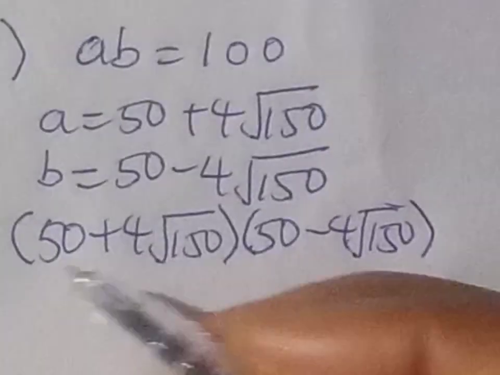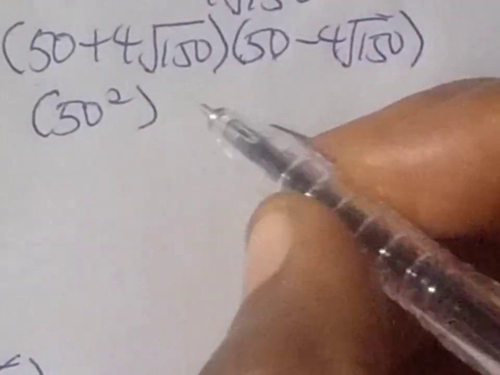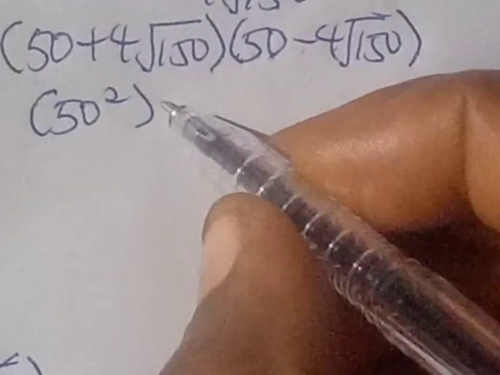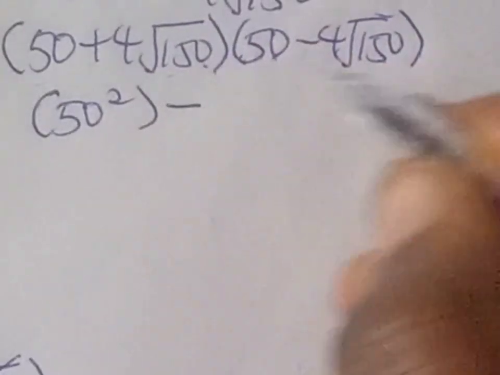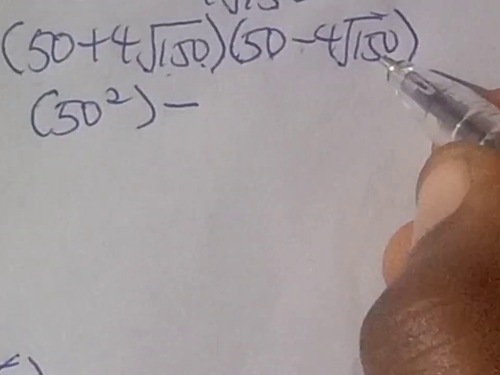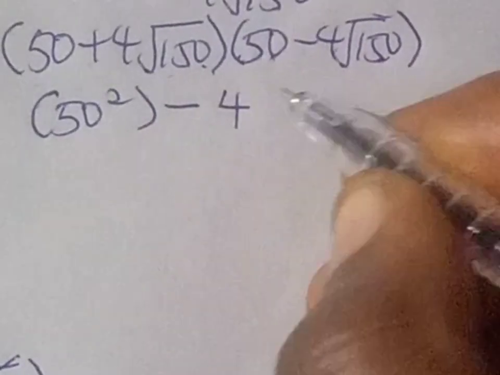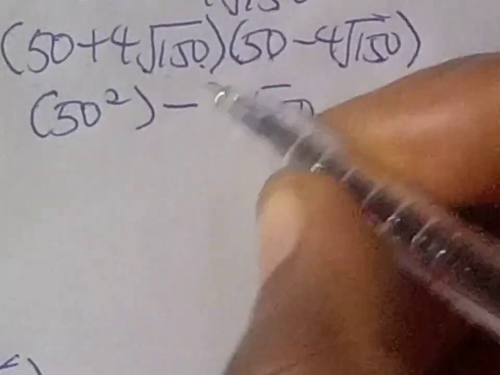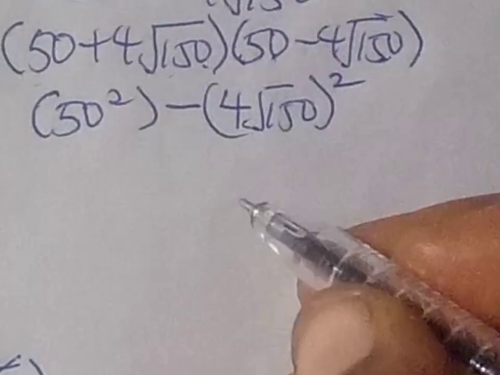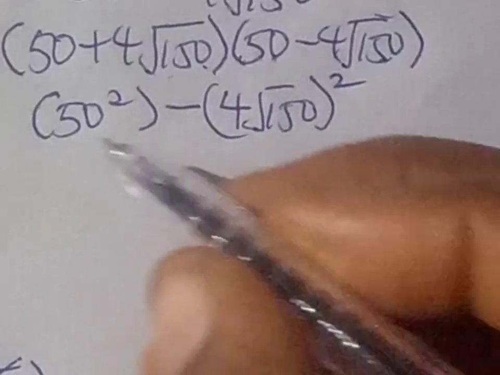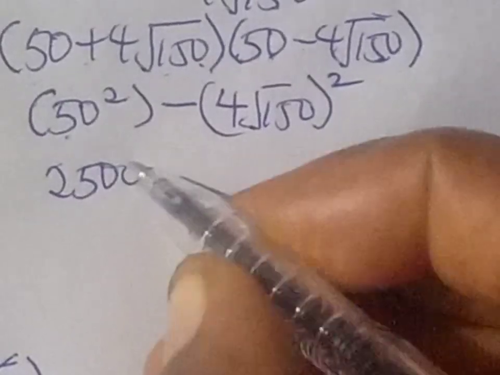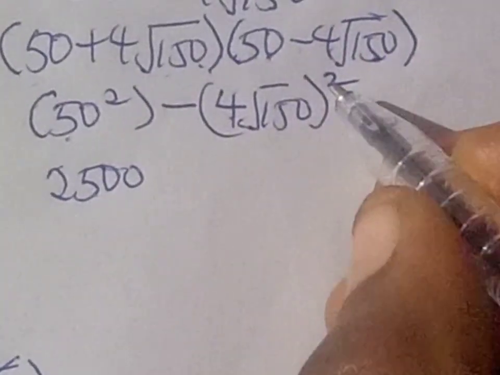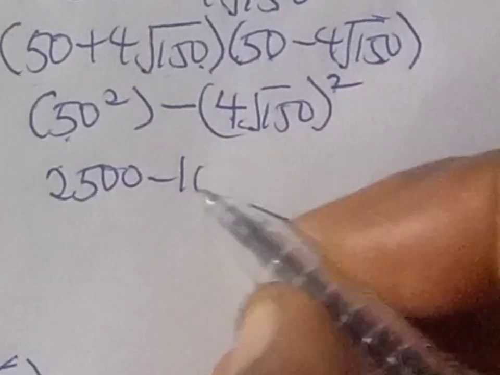50 times 50 will give us 50 square, plus times minus 4 root 150 times 4 root 150 will give us 4 root 150 square. 50 times 50 will give us 2500. 4 times 4 will give us 16. So minus 16.